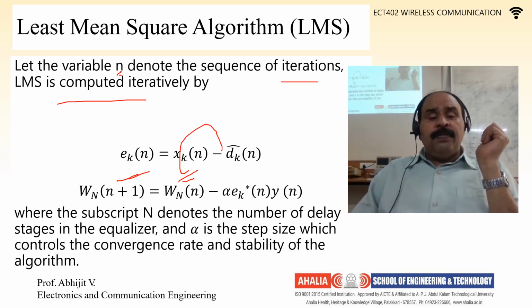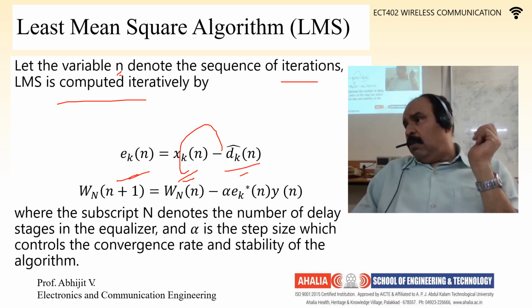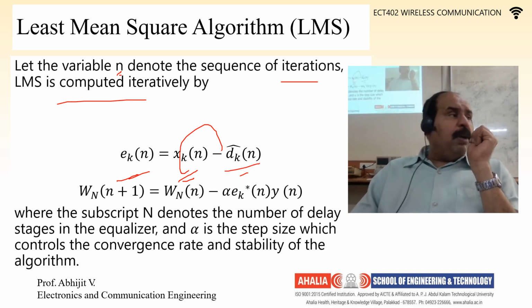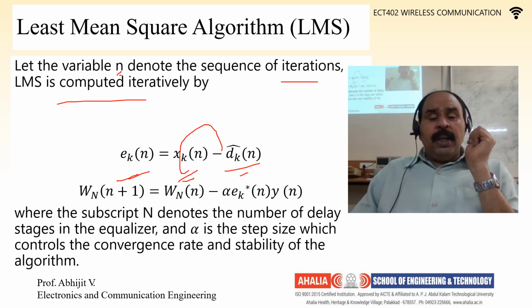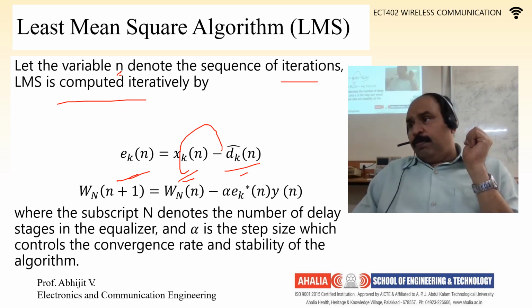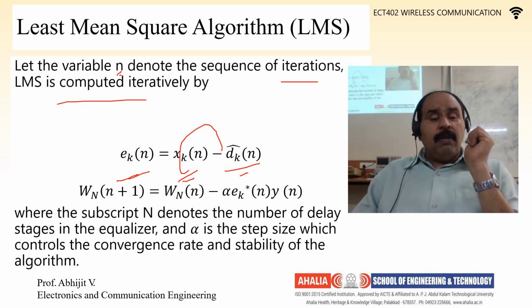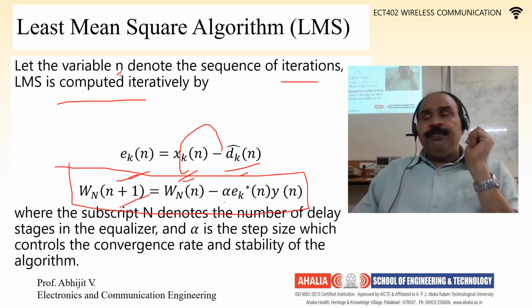The error is defined as the input signal minus the output of the equalizer, the desired output. From this we get w_n of n plus 1, additional one, equal to w_n of n minus alpha e_k conjugate of n into y_n. This is a very important equation which is going to define the optimal coefficients.